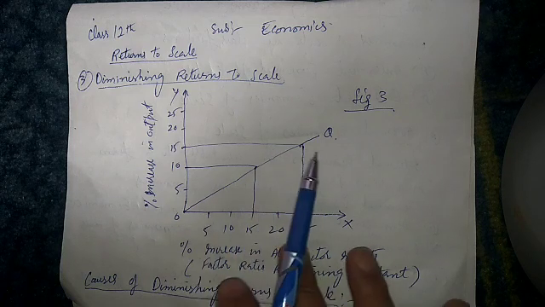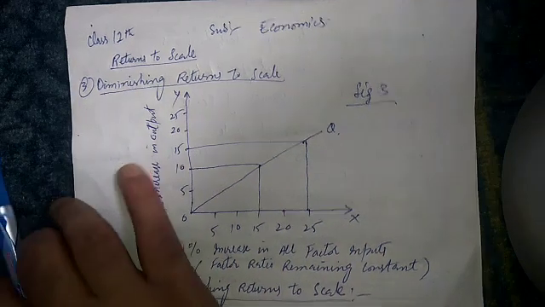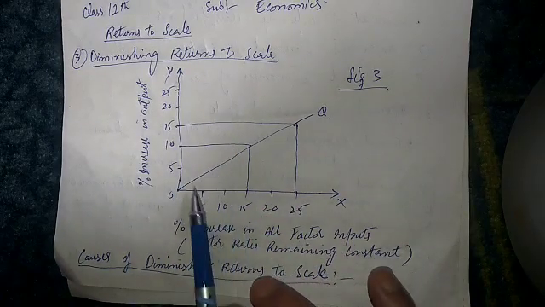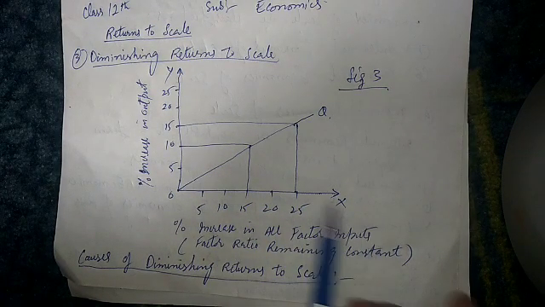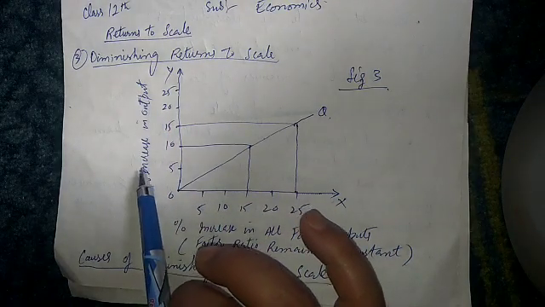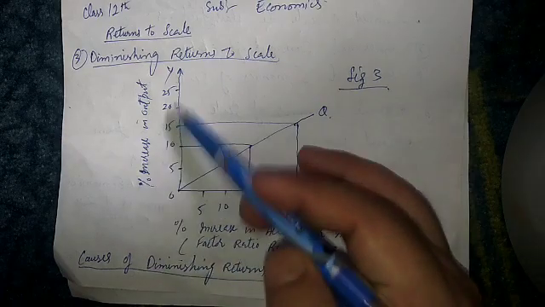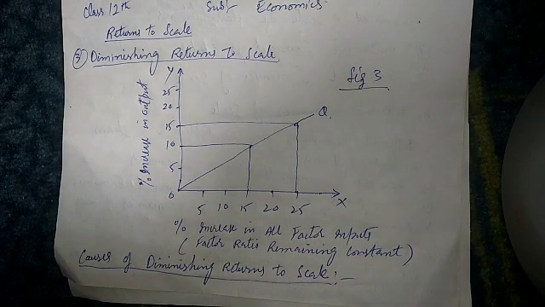See, this figure 3 illustrates the situation. If you see this figure, the x-axis shows the percentage increase in all factor inputs, and the y-axis shows the percentage increase in output.